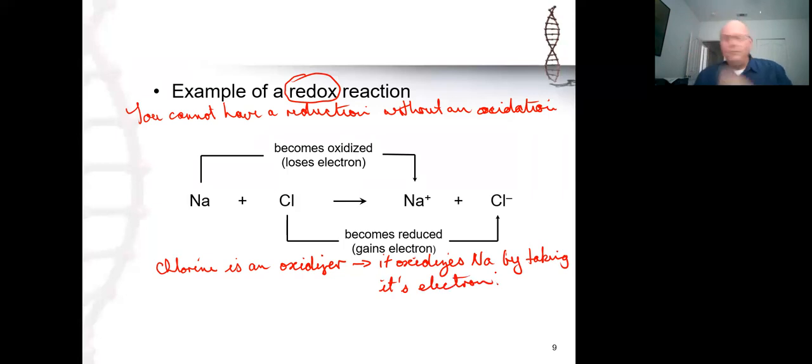So the fact that chlorine grabs that electron from sodium means that the sodium winds up being oxidized. So chlorine is described as an oxidizer because its presence is what results in the sodium being oxidized.